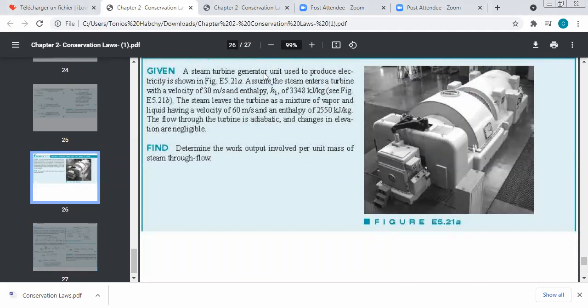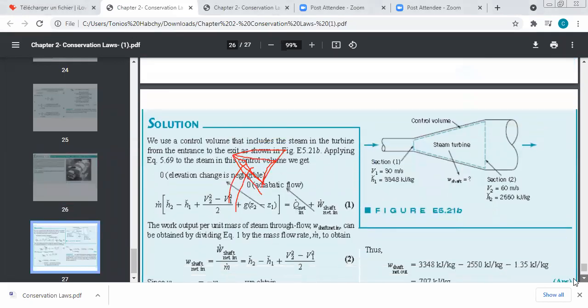So we said that my turbine will deliver work, and my purpose here is to determine the work output. So if I want to determine the work output, then I'll have the following.